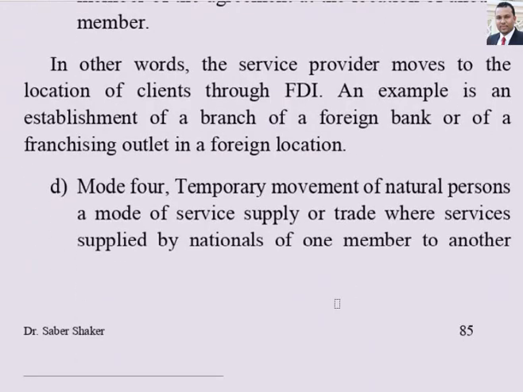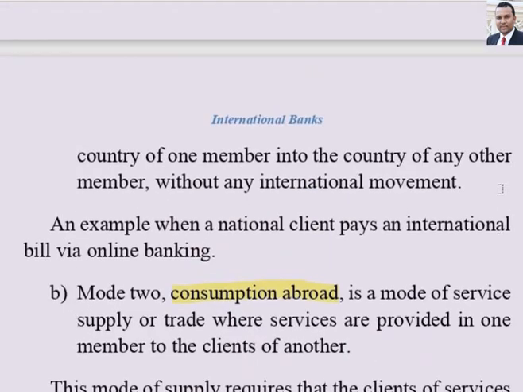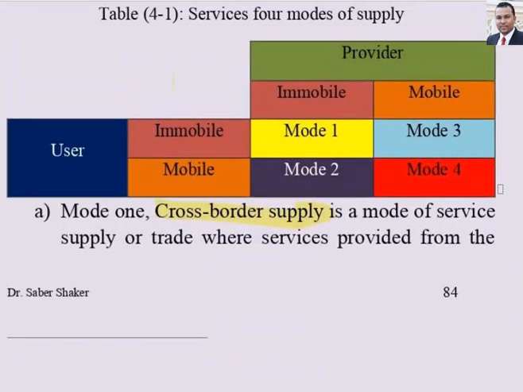So mode number four is the temporary movement of natural persons. Give me an example related to banking. Suppose you are an accountant or consultant and you travel abroad to provide consultancy or any service. In this case, we talk about mode number four.